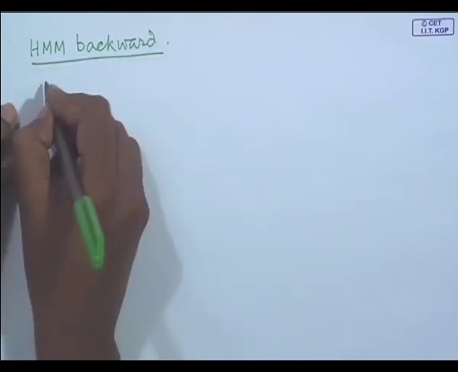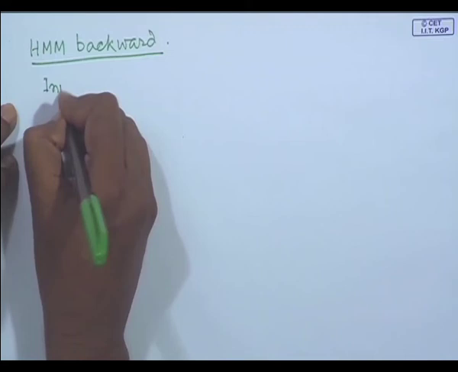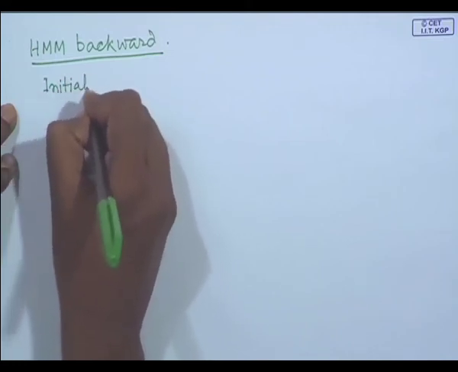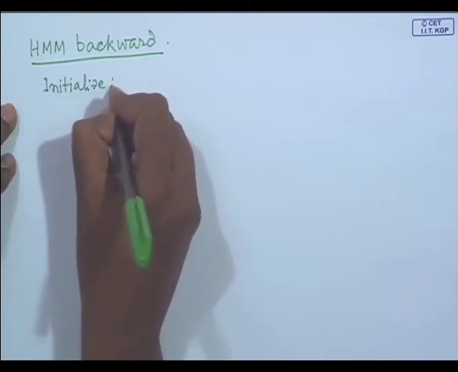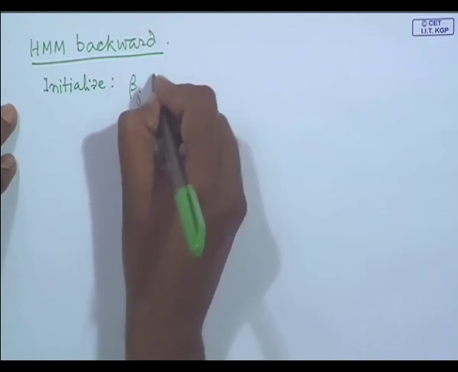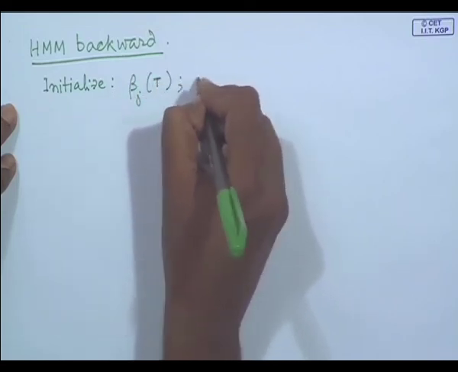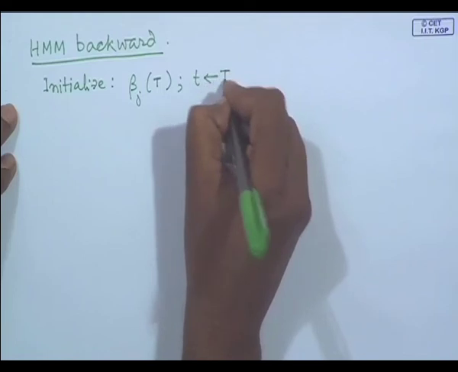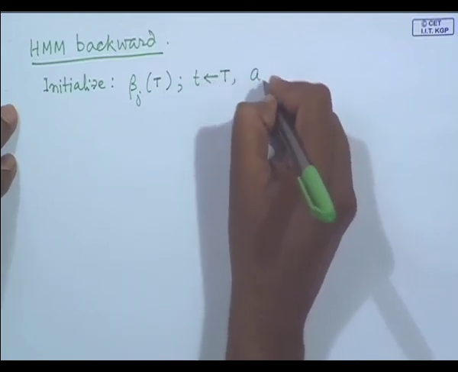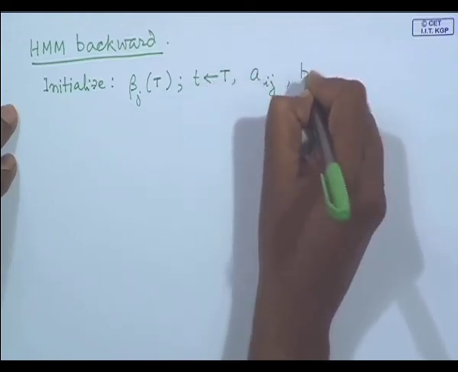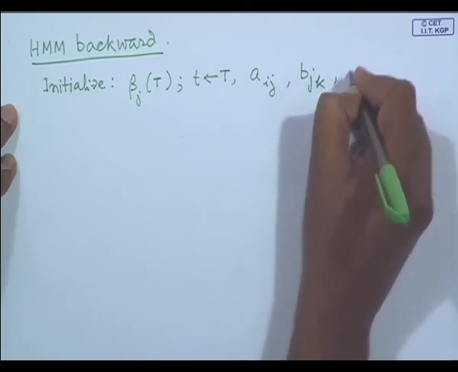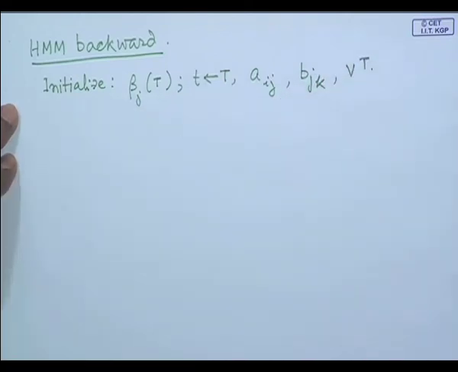Here again we have to have an initialization stage where I put beta j t, t, a ij, b jk and v t. So, all these are initialized.